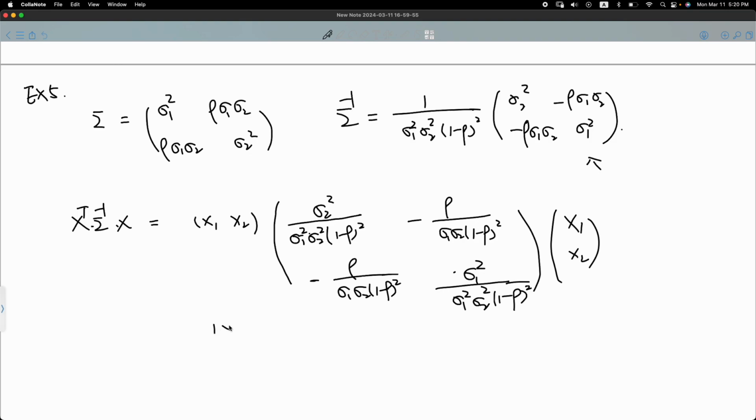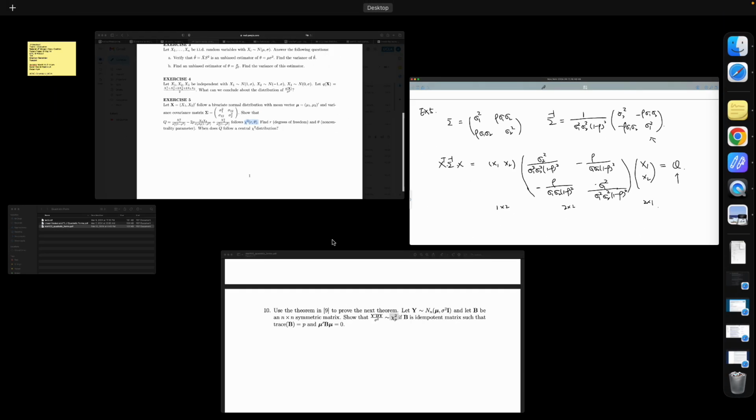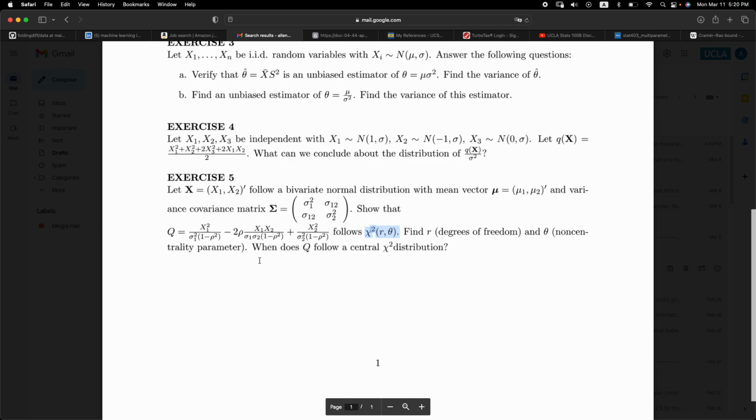Here we have 1 by 2, 2 by 2, and then 2 by 1. If you express this form, you will get the formulation of Q that is given in the homework. So you should have three terms altogether in the end.